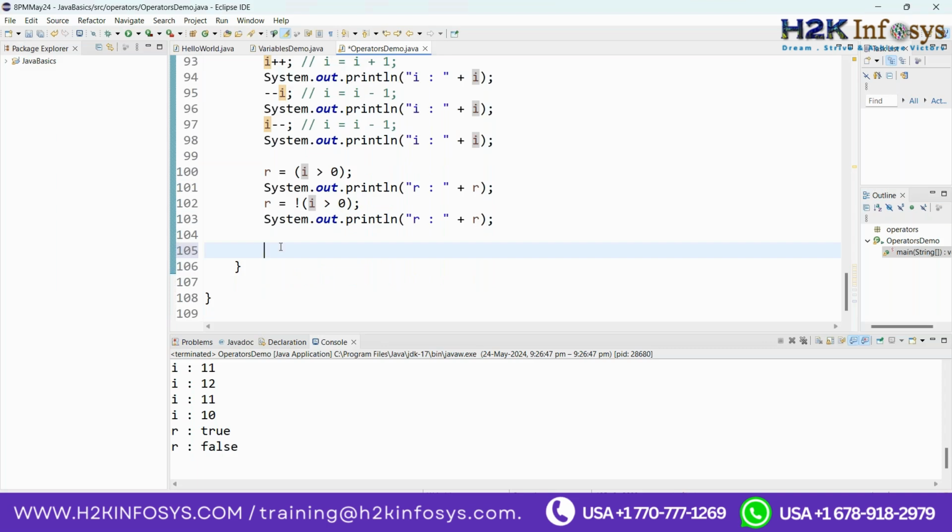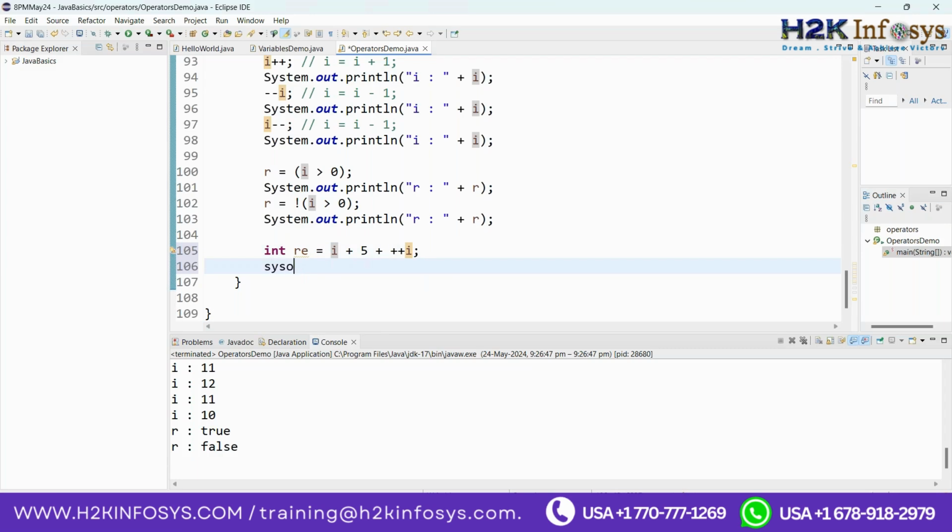Now see this. For example, I'm writing a statement here with more than one operation: j plus 5 plus i plus plus. The result is stored in an int, let's say re.